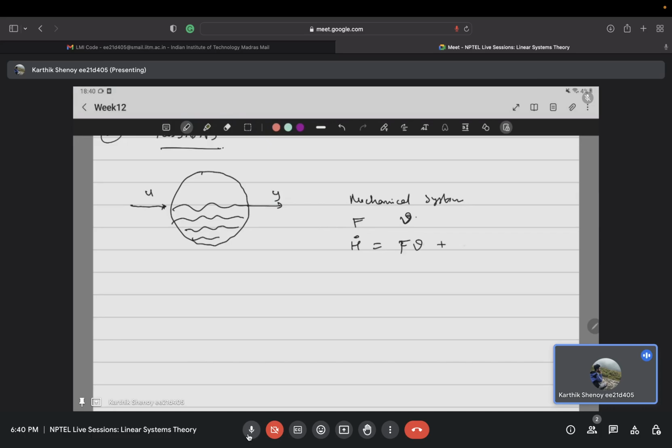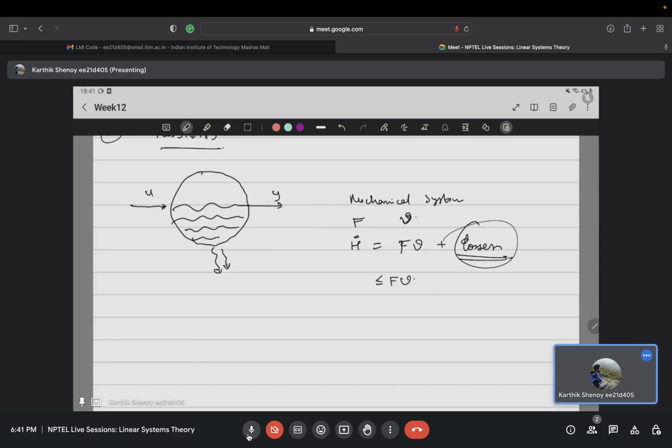Losses can be due to friction, so I will just write losses here. And this is always less than or equal to the supplied power if the system dissipates energy, okay.